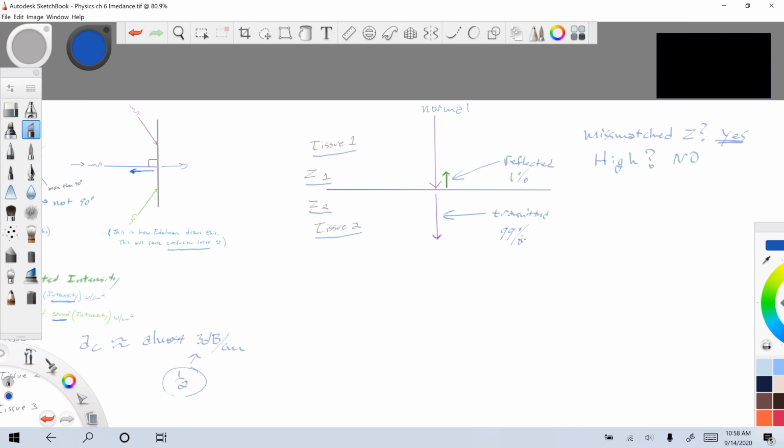That might not be accurate as far as my picture is concerned, but you get the idea. The echo here is very small compared to the incident and transmitted beams. So it is a low impedance mismatch, because we have a small echo returning.